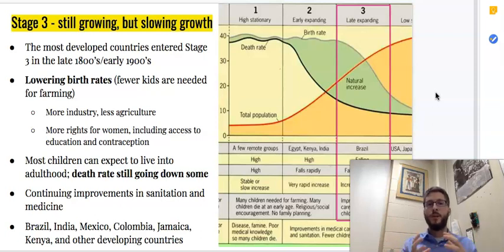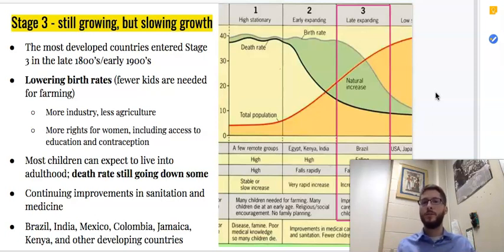Because houses were smaller because you're living in those tight quarters. So more industry, less farming. And then also as countries gain more rights for women, as they gain more access to things like contraception, right? That's a fancy way of saying birth control, condoms. There's also education for family planning and things like that. Suddenly people are starting to realize, okay, I don't need to have 7, 8 children.